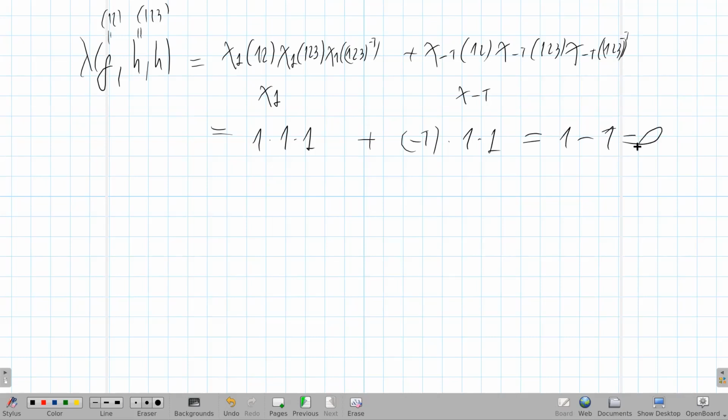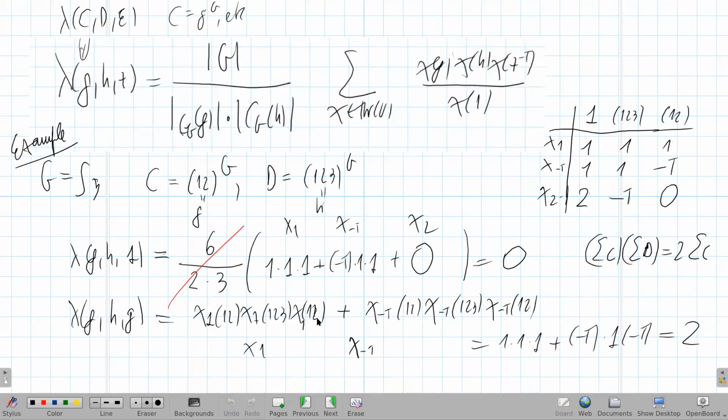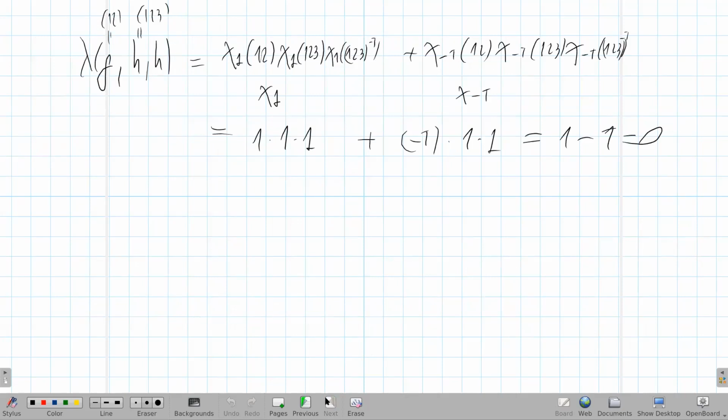Admittedly it's more complicated than doing things directly, but we have verified this formula for the case of the product of these two classes in S3. It works. And of course, in more complicated cases, this formula may be useful for computational purposes. Good.